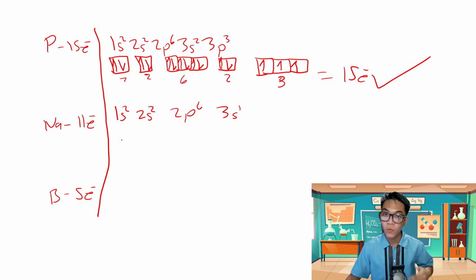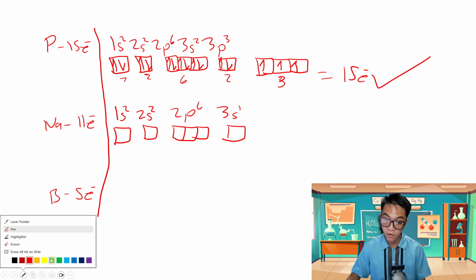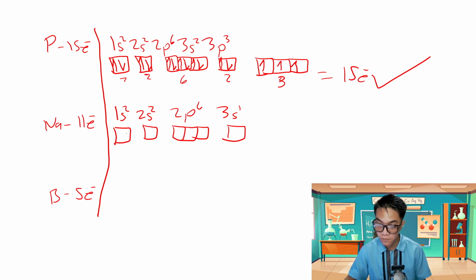Now we write down or draw the orbitals. This is for the 1s orbital. This is for the 2s orbital. This is for the 2p orbital. There are 3 orbitals. And for the 3s orbital. Now, since we have all of these drawn down, let's write the respective electrons. I used another color just to not get confused.